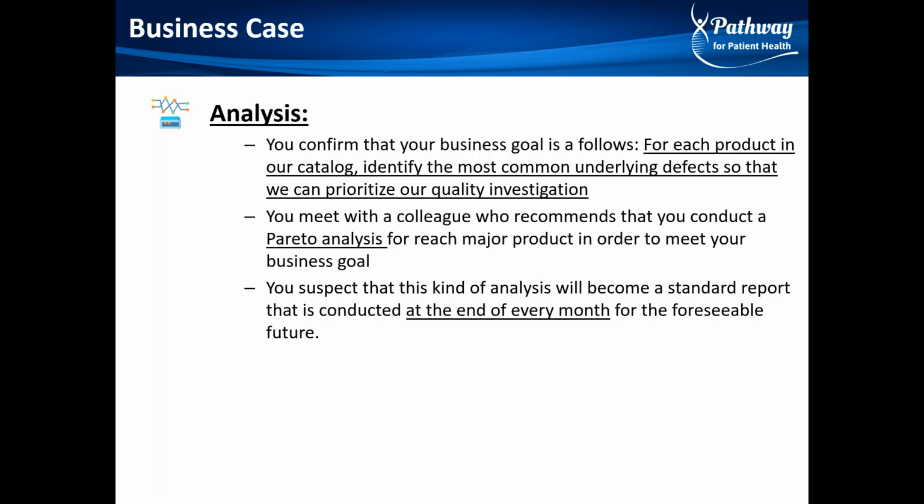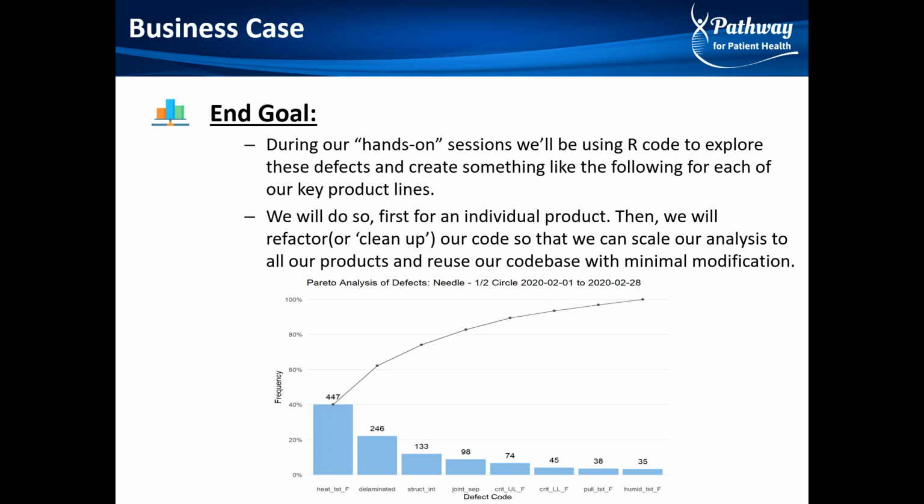Now, once we get into the actual analysis, I'll take you through the steps of doing a Pareto style analysis or building what's called a Pareto chart, but it can be helpful to start with the end in mind. So just as a reminder, during this hands-on session, we're going to be using R to write code that will help us explore these defects, and we're going to create something like this graph below in order to help us analyze each product and its related defects.